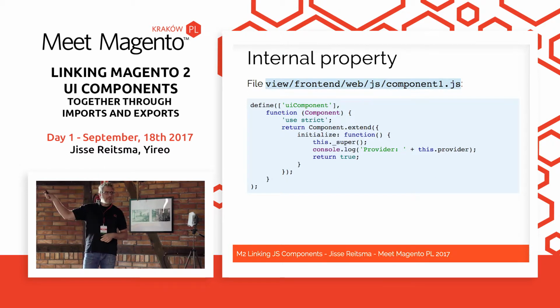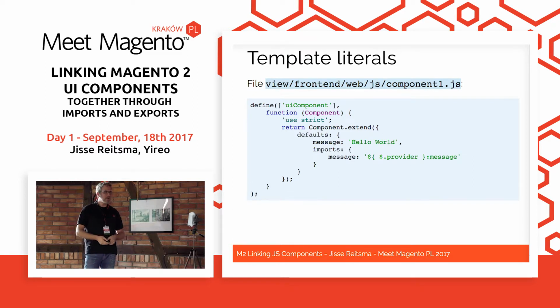And because it's an internal property, I'm able to do something really weird, which is yet another extension upon this same concept, namely template literals. How many of you are familiar with template literals? And the number of hands keeps going down. So after a point, I hope Bartek is not putting his hand up anymore.